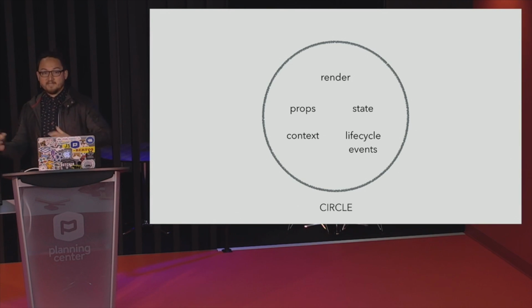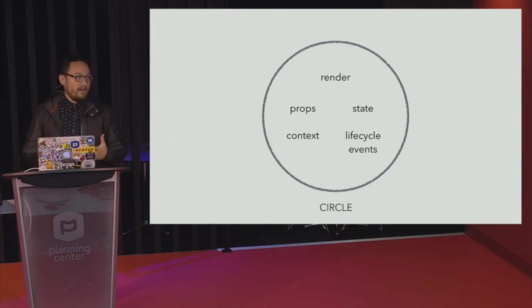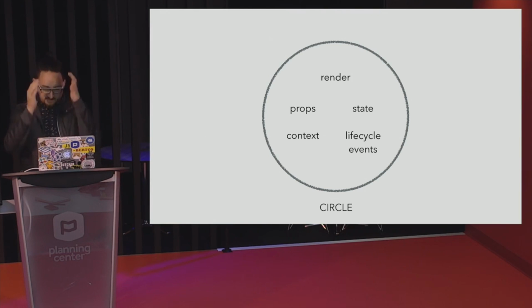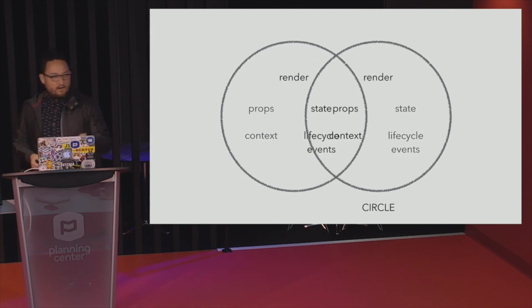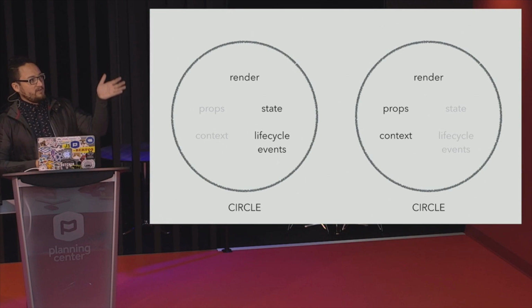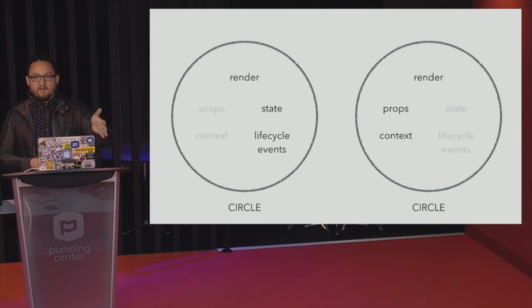Now, one of the first things that I learned when learning React was that there was this arbitrary separation of components. You only have the one thing, but there was a line drawn down the middle where some components would only use a certain subset of the API, and other components would use the converse subset.